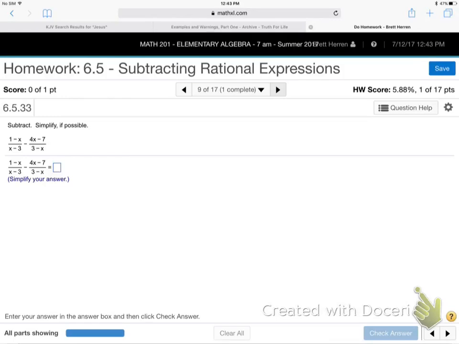All right, let's try one for you. So 1 minus x over x minus 3, minus 4x minus 7 over 3 minus x. So try that one. You've got a minus sign in the front, and you need to have this denominator turned around. So let that minus sign do the trick for you.